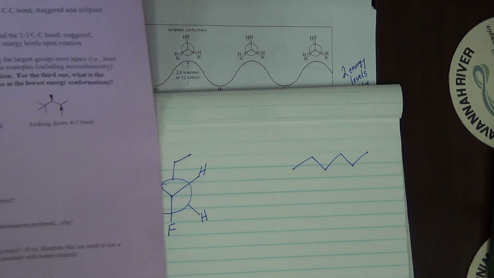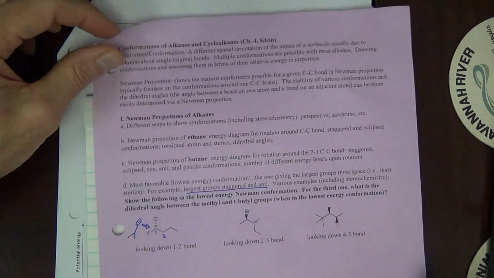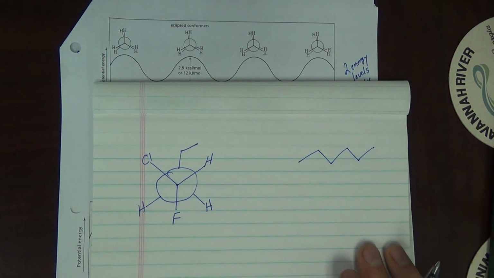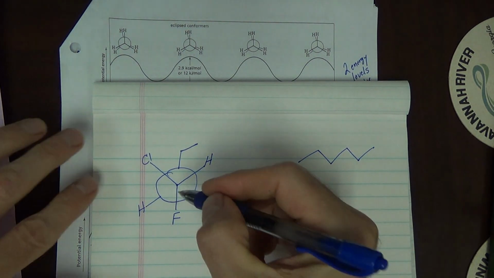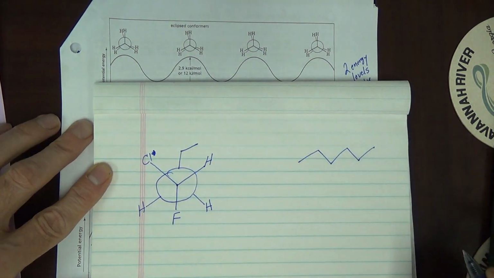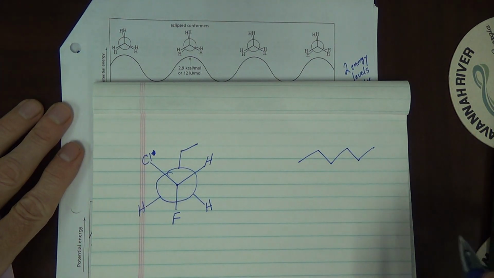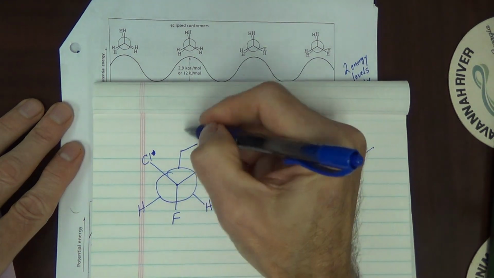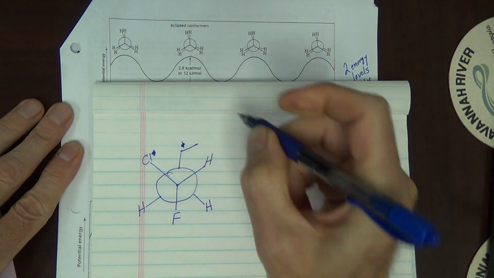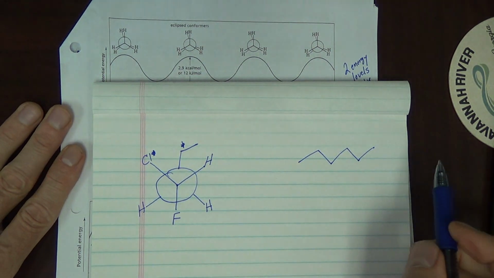Okay. The question is, is that the best conformation for this compound? What's the largest group on the front carbon? Chlorine. It's a larger halogen. What's the largest group on the back? Ethyl. Not H's.